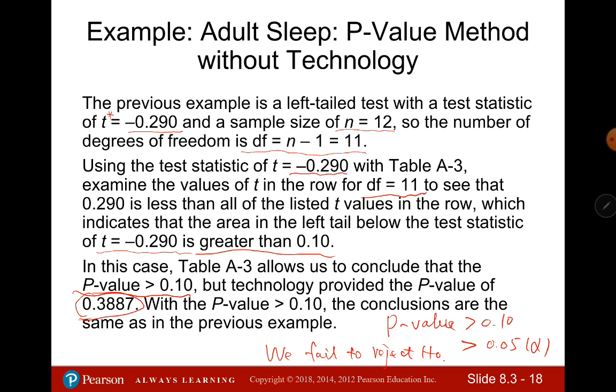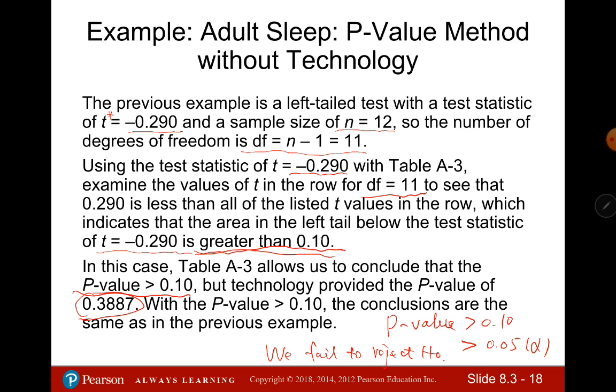So it's almost impossible for us to get the exact value, but we could get this range. Further right than this value gives an area greater than 0.1.